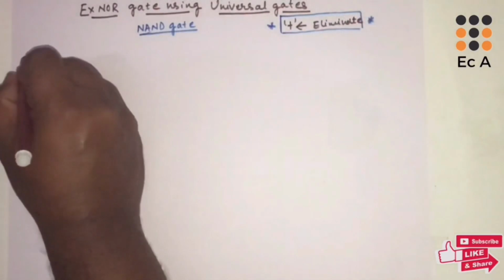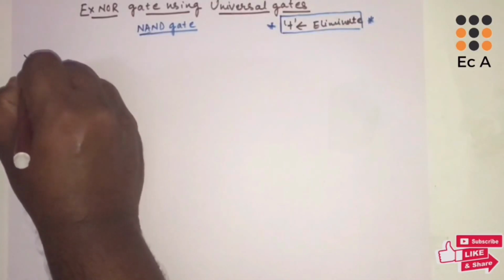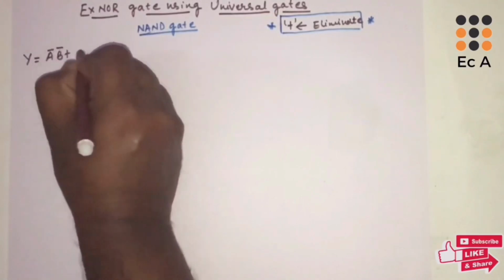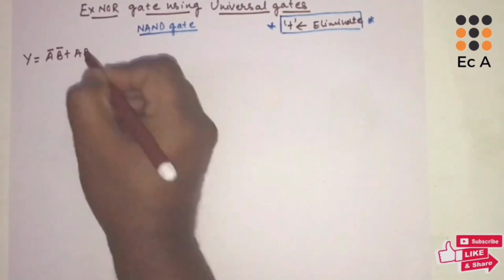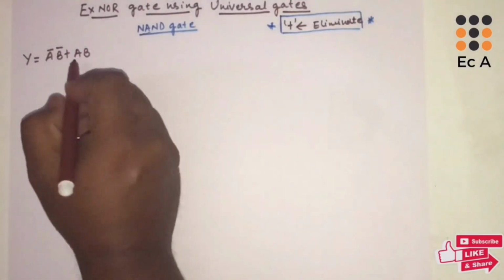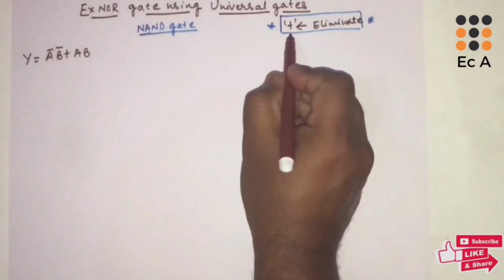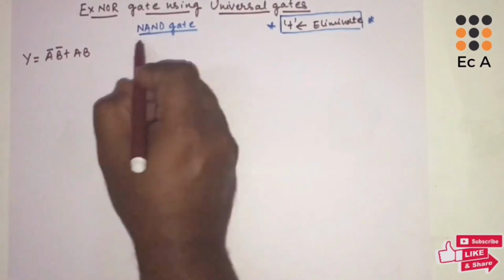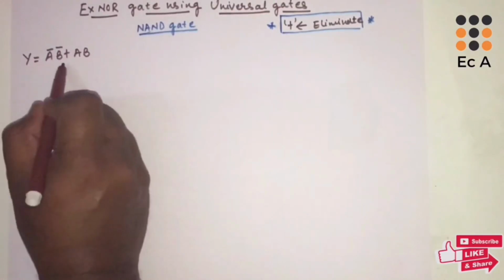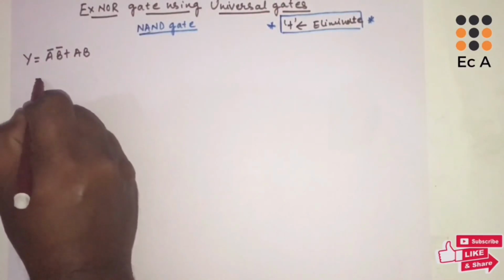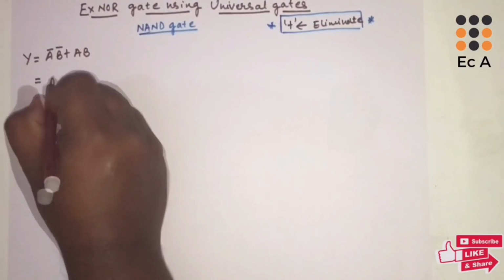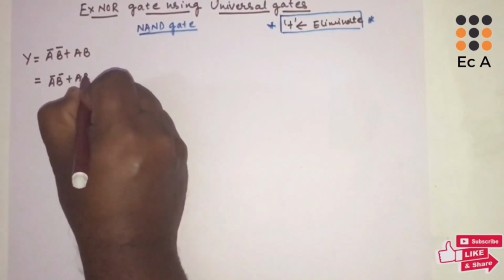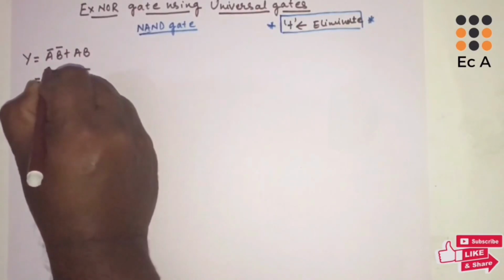Now let us write the expression for XNOR gate. Y is equal to A bar B bar plus AB, which is the Boolean expression for XNOR gate. Now we need to eliminate this plus sign to implement this expression using NAND gate. So let us write the above equation as A bar B bar plus AB whole double bar.